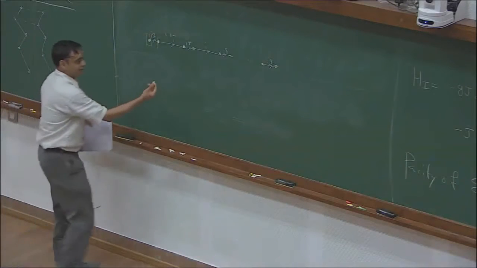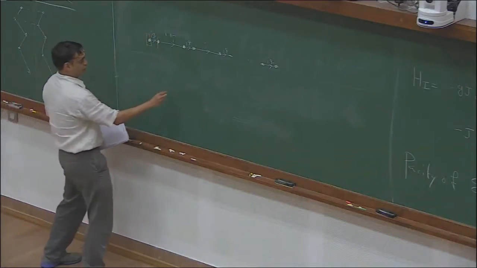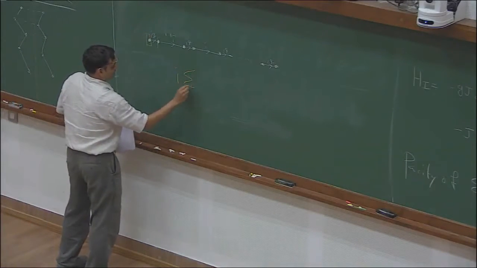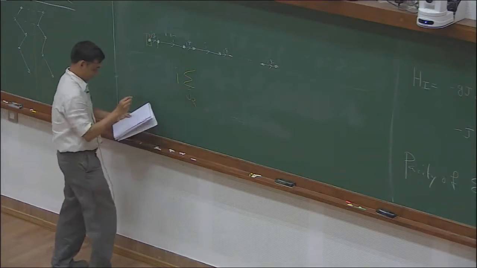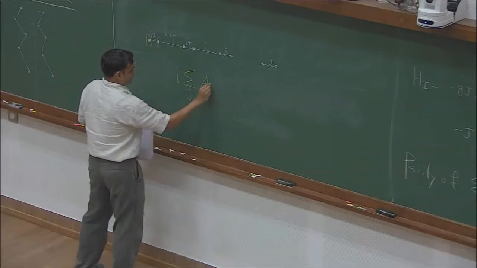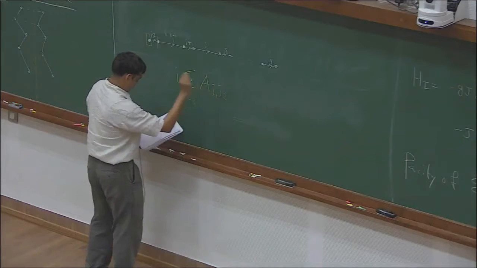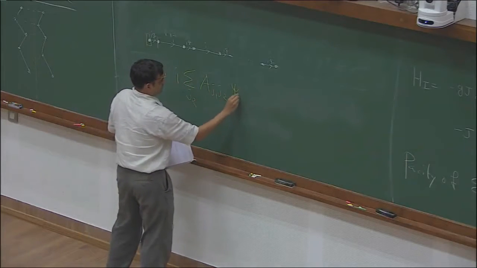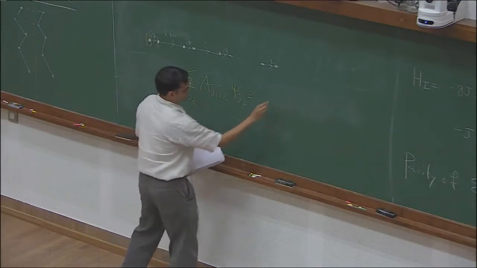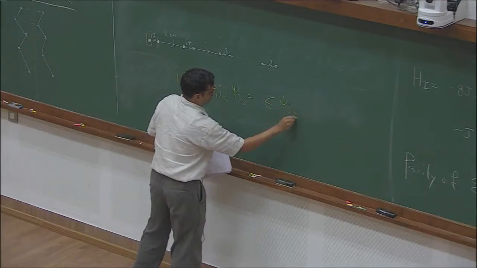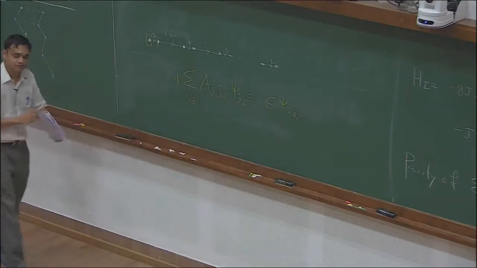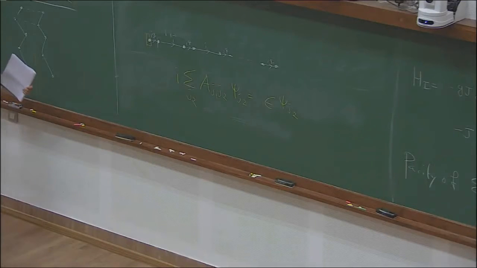So if you like, I'll start using yellow now. Your equation was i sum over J2, A J1 J2 psi J2 equal to epsilon psi J1. That's the tight binding model Schrodinger equation, right? We're all agreed on that.